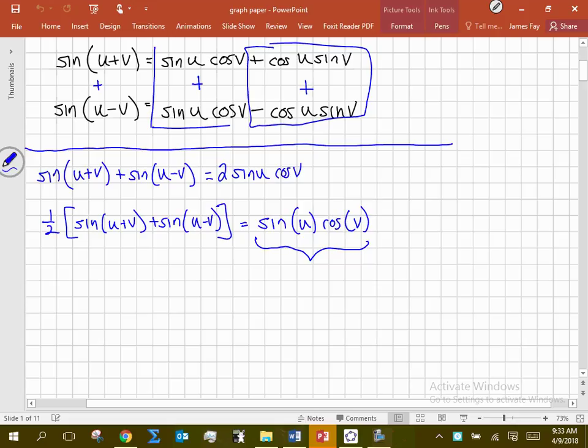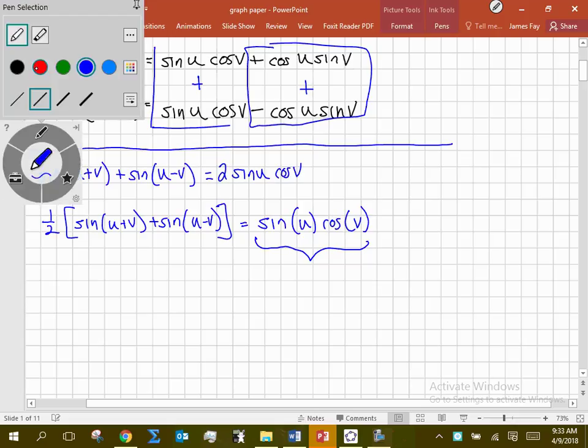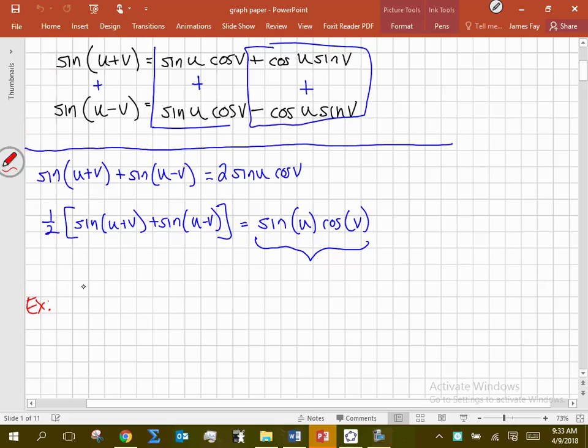So I'm going to write one down and do an example with this. Let's say sine of 5x cosine of 3x.